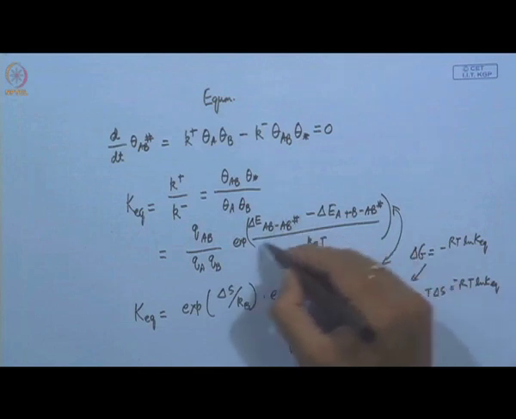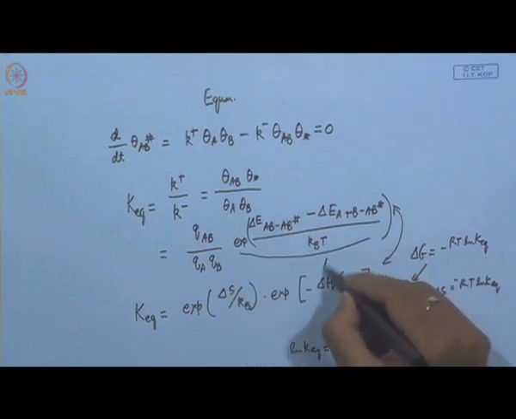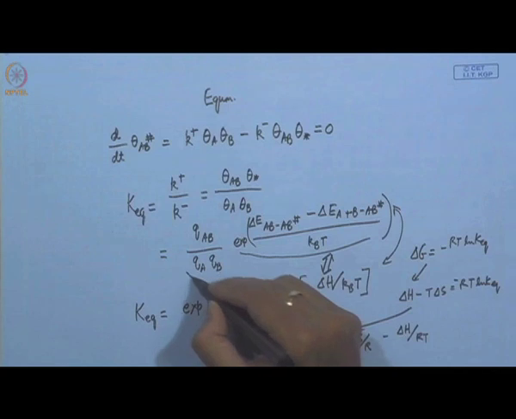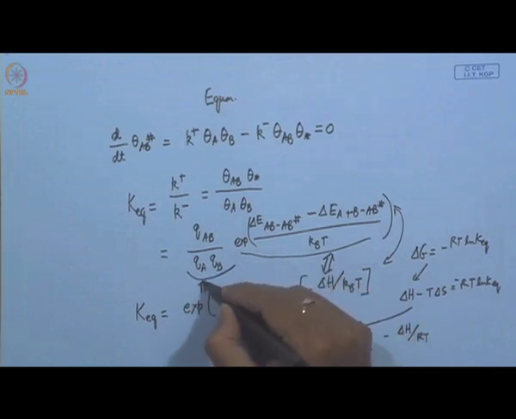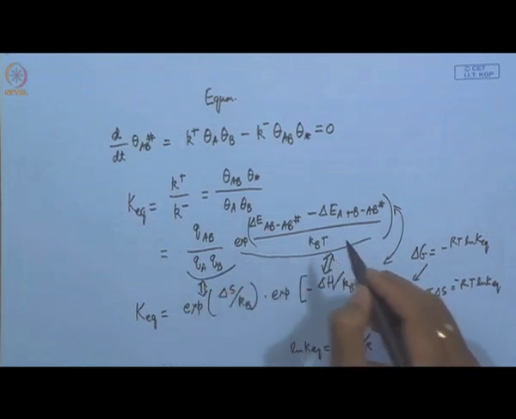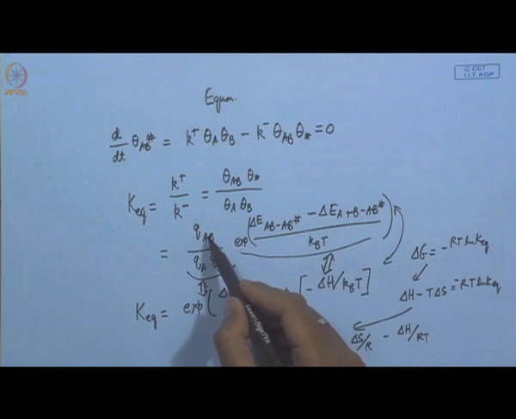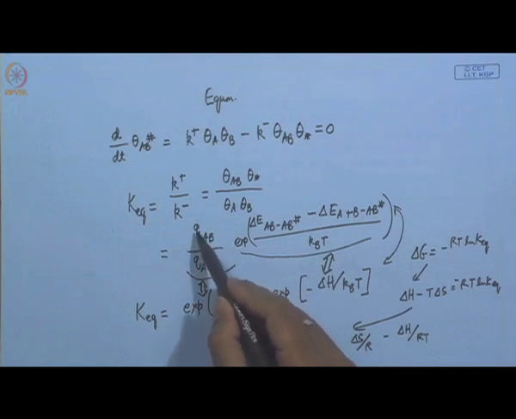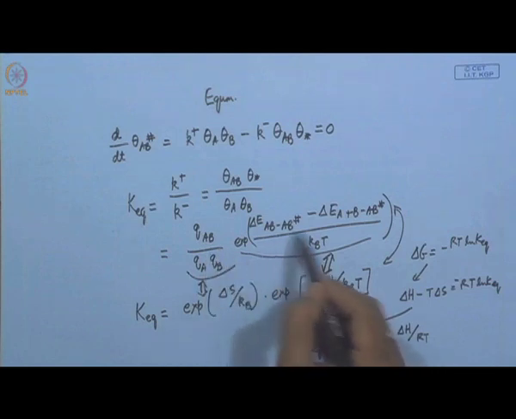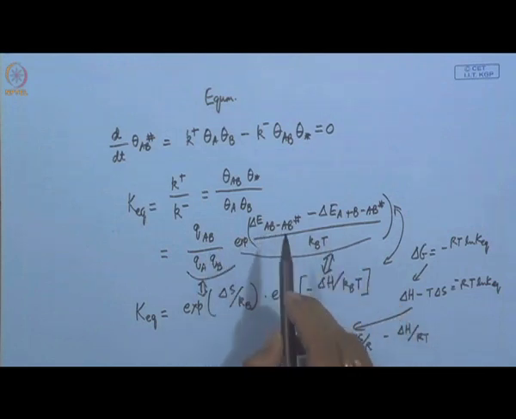So we compare this part with this one and this part with this one. That means the entropy of activation term, or entropic term, is coming from the ratio of partition functions, and this is coming from the energetic term.